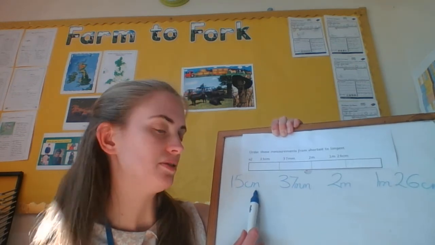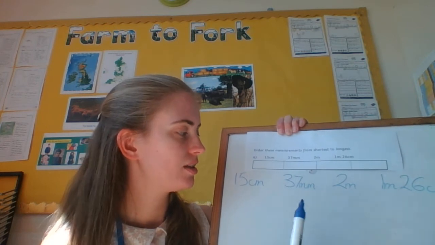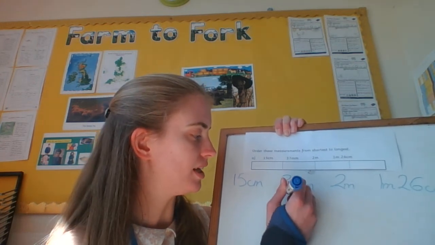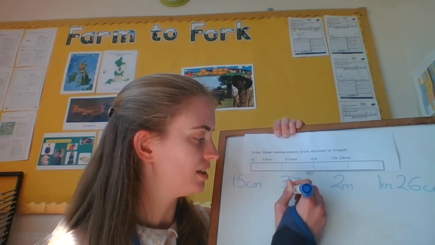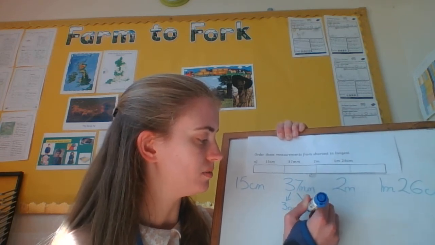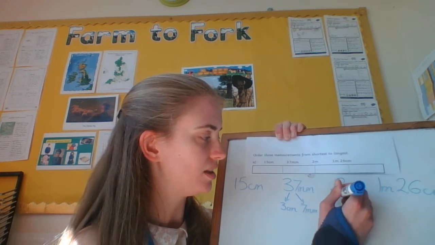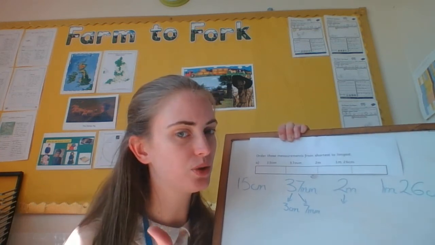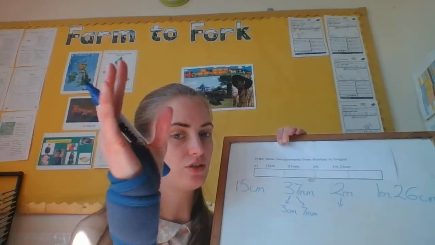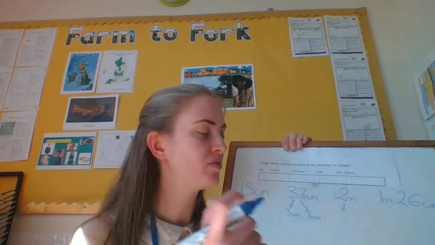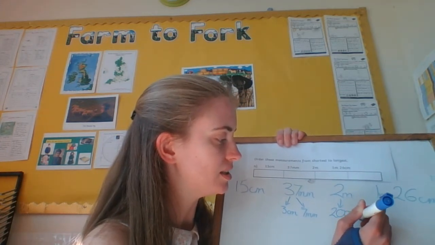So 15 centimetres, it's already in centimetres, don't need to do anything with it. 37 millimetres, well I know that that goes to 3 centimetres and 7 more millimetres. 2 metres, I know 1 metre is 100 centimetres, so if I have 2 metres, that would be 200 centimetres.